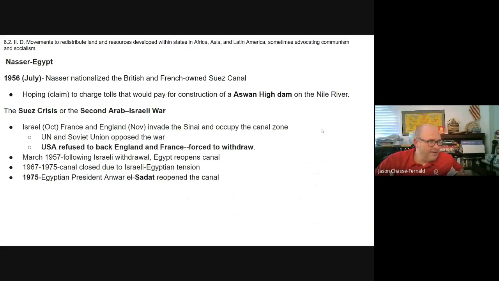Eventually, Eisenhower will say no to the British and French for what they did, or for maintaining this incursion. So we take a minute and look at that.